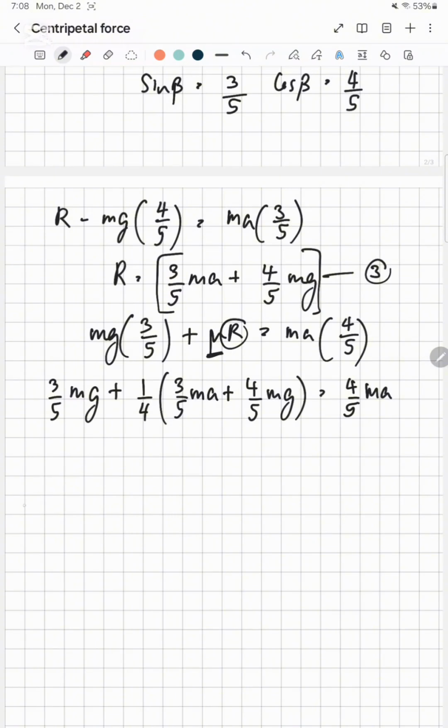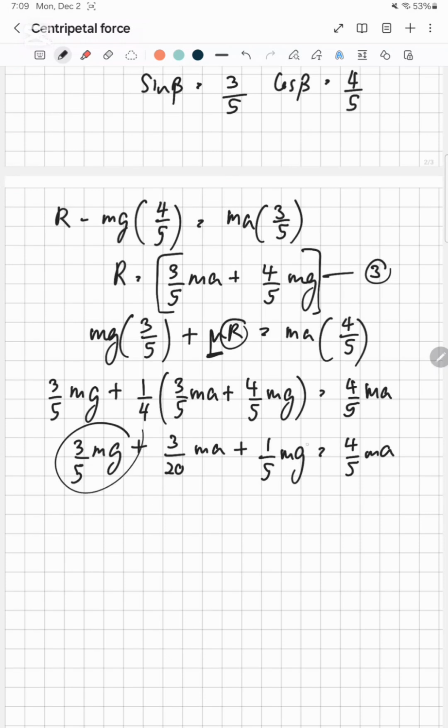Okay, so now we can simplify. 3 over 5 mg plus 3 over 20 ma plus 1 over 5 mg equals to... 1 over 4 into 4 over 5 is 1 over 5... equals to 4 over 5 ma. So now when you add these two together, you get 4 over 5 mg equals to 4 over 5 ma minus 3 over 20 ma.